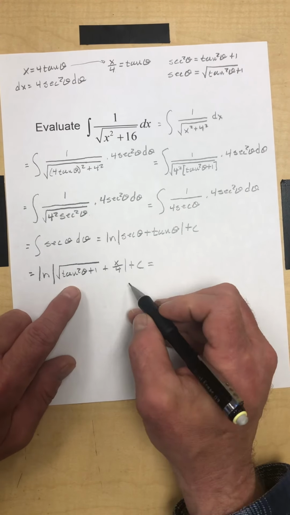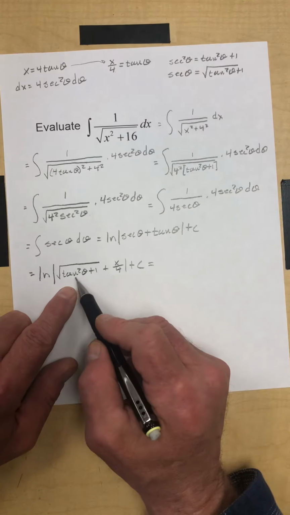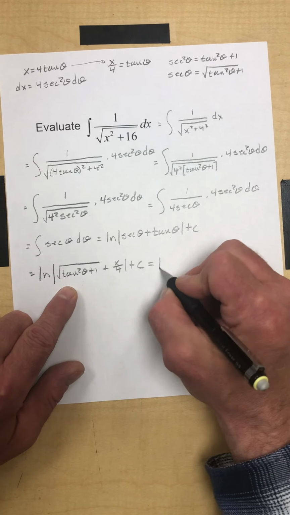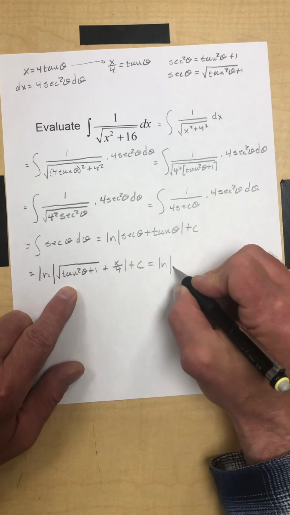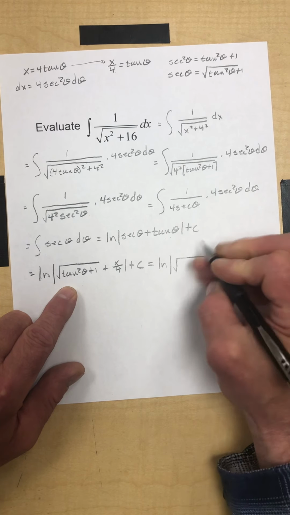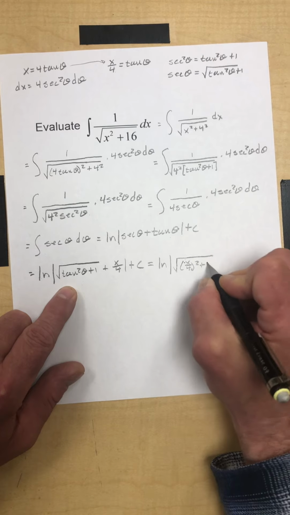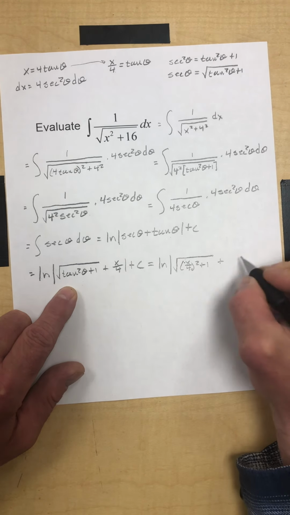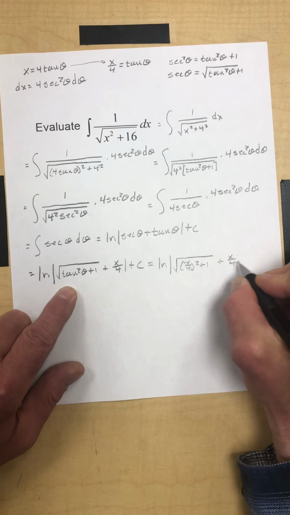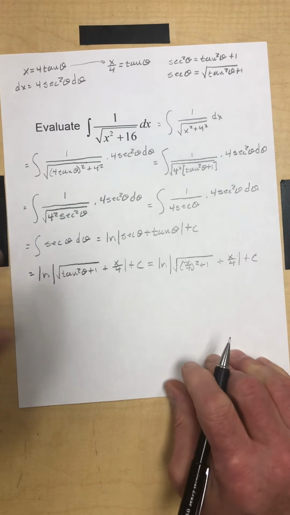We know tangent is x over 4, so we can put x over 4 in here as well. So we get the natural log of the absolute value of the square root of x over 4 squared plus 1, plus x over 4, plus our constant of integration.